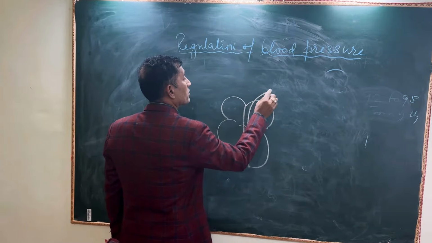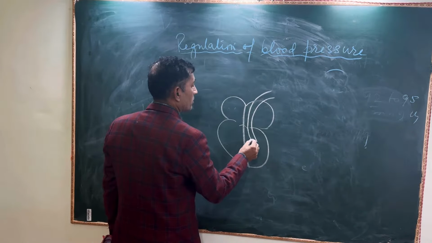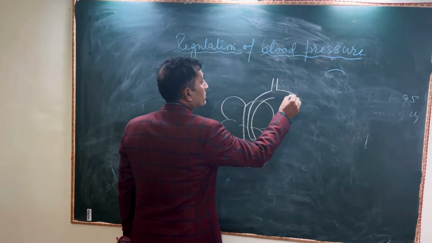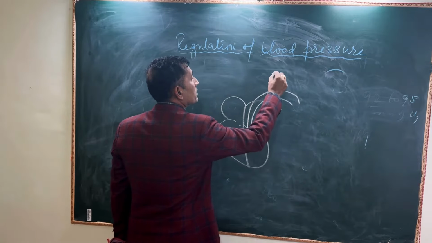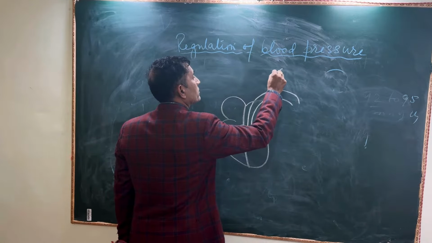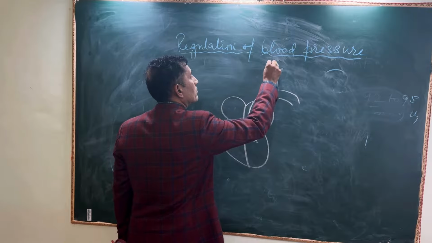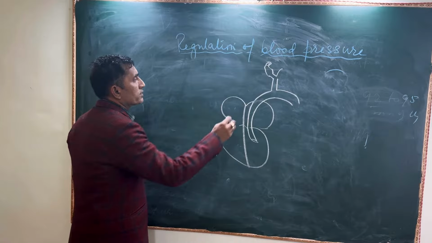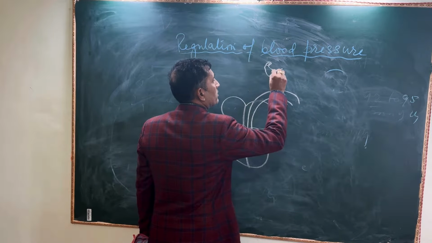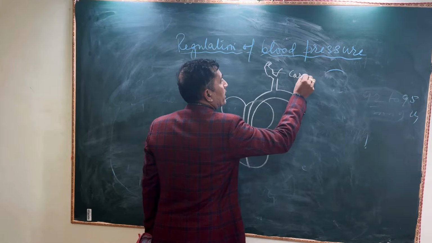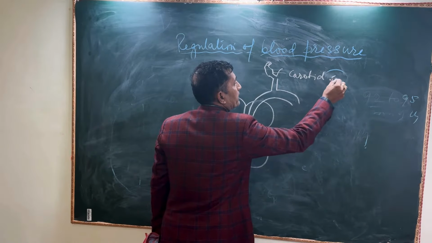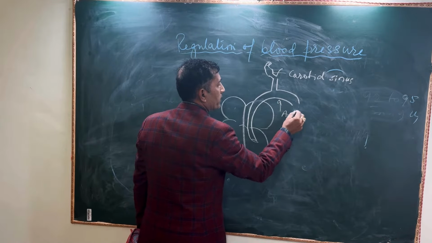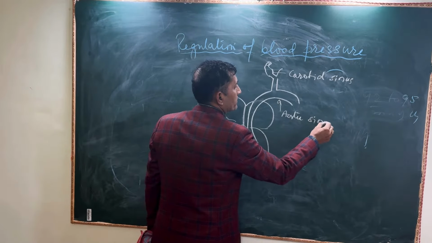Here we have the aorta, and here we have the carotid sinus, and this is the aortic sinus.